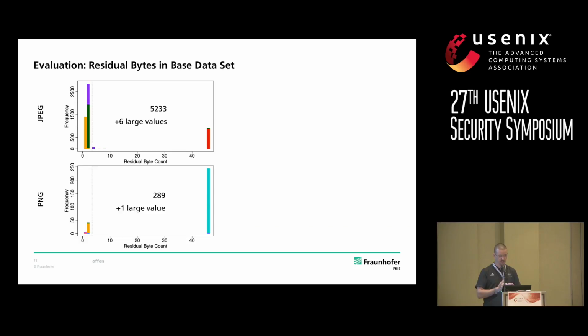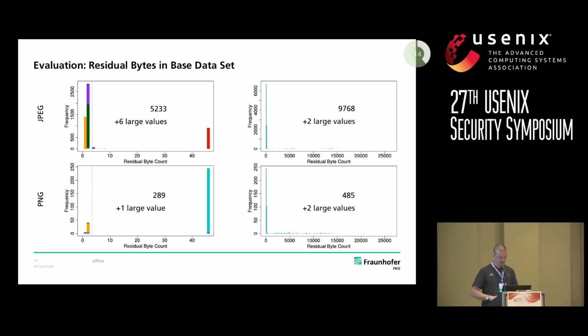Another aspect which is really important, in particular with respect to StackDetect, is that, other than we expected, our base data set contained a large number of files that already contained data behind the end of image segment. As you can see here, about 5,000 JPEG files contained some extra data, and also 300 PNG files.